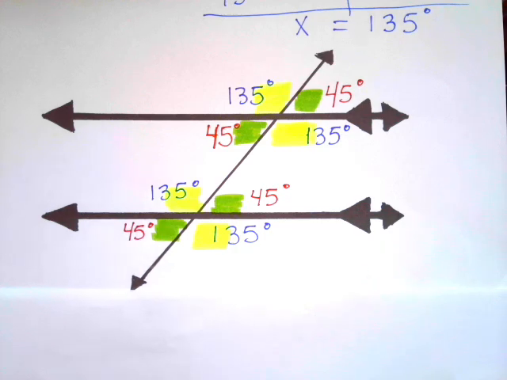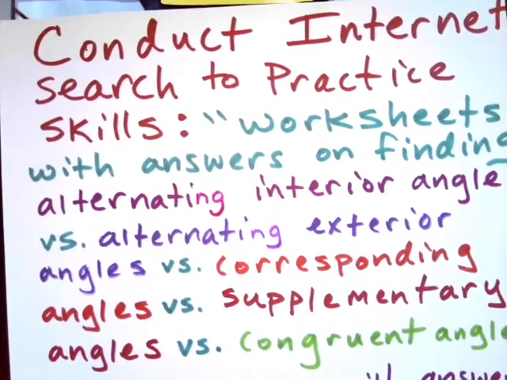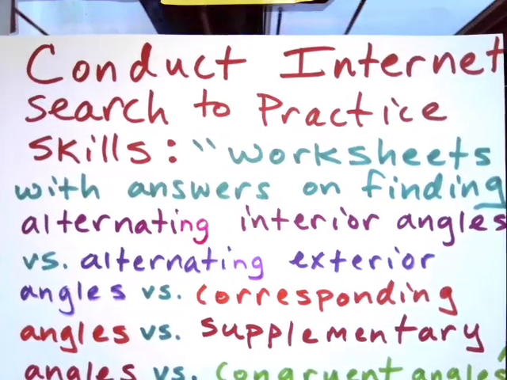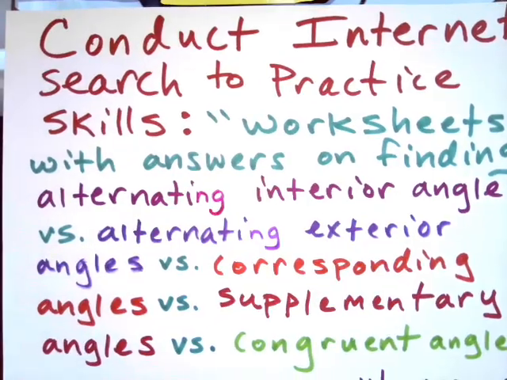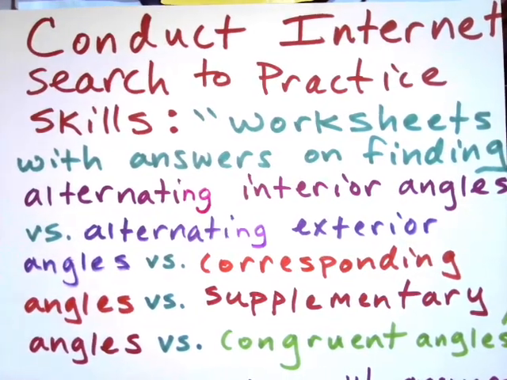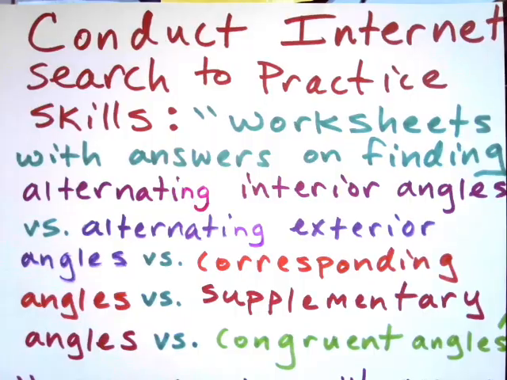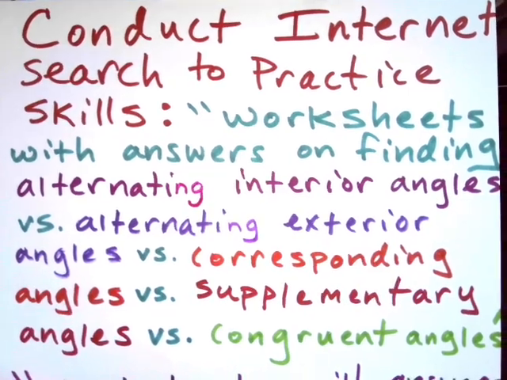I'll go over that in the next couple of videos. Again, if I'm going too fast, please stop, pause, rewind the video, and watch it again and again. That is the great thing we have about video. Here I'd like to show you what you can do in regards to performing an internet search for worksheets of problems that are going to help you.